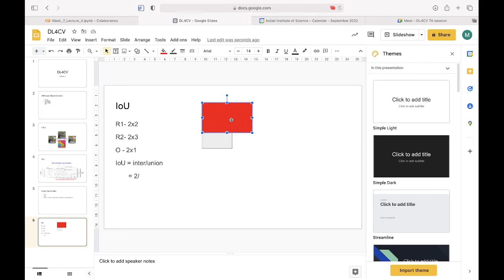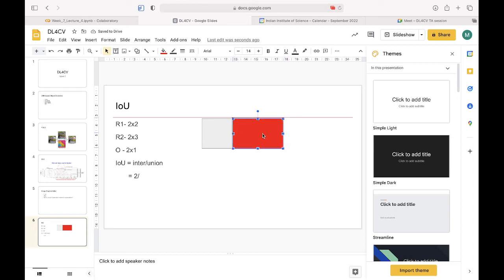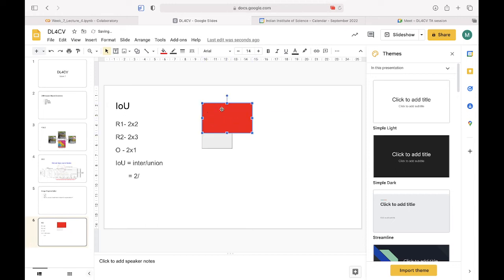What is the union? Ma'am, R1 plus R2, the union is 10 at max, sir. How 10? 2 cross 2 plus 2 cross 3. If I keep it one next to the other, that time the union will be 10. If I keep it like this, the union is not 10. It is 8. This has 6 units plus 2 units here. So the union is 8, right?